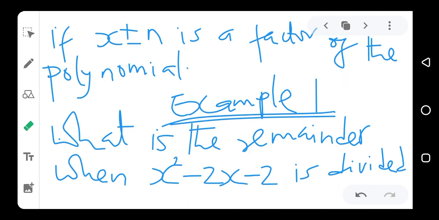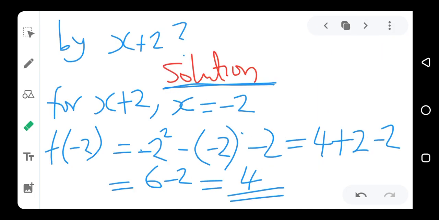For instance, what is the remainder when this polynomial is divided by x plus 2? Now what we do first is that we find the x value of this term, which is x equals minus 2.